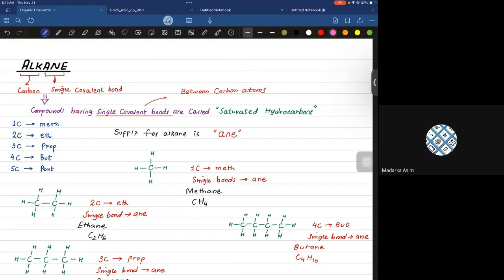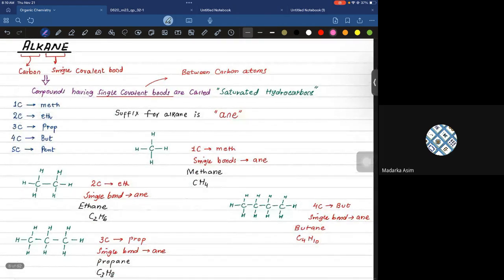Then I told you that one carbon is meth, two carbons is eth, three carbons prop, four carbons but, and five carbons pent. So the suffix for alkane is ane.